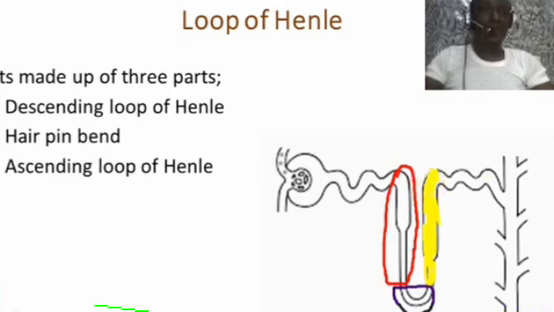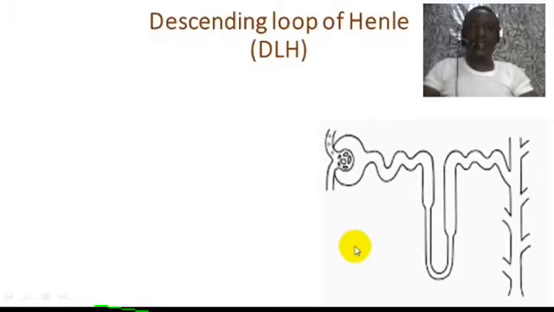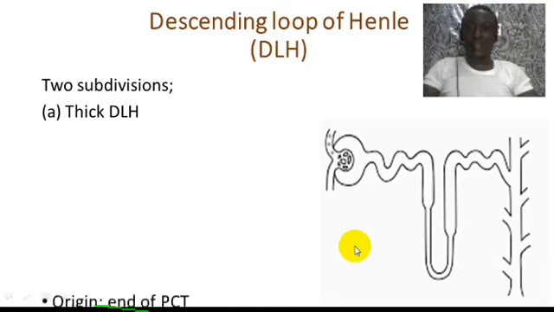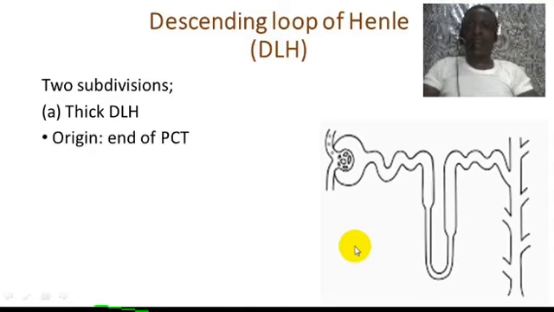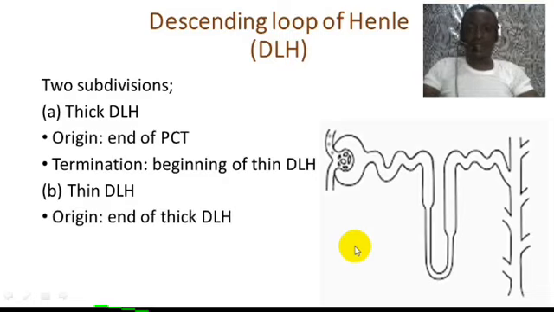Going forward, the descending loop of Henle has two subdivisions. The first is the thick descending loop of Henle. It originates at the end of the proximal convoluted tubule and terminates at the beginning of the thin descending loop of Henle. The other part is the thin descending loop of Henle.